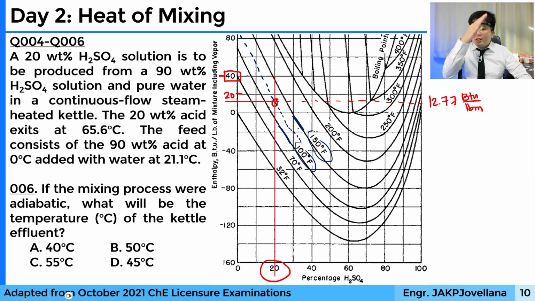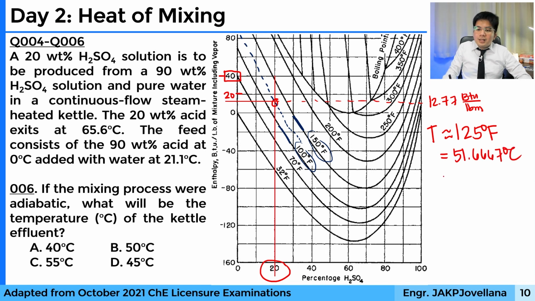Since it is somehow in between 100 and 150 degrees, then we can approximate the temperature as around 125 degrees Fahrenheit. And if we convert 125 degrees Fahrenheit, this is approximately 51.6667 degrees Celsius, or this is nearest to 50 degrees Celsius. So from the choices, the correct answer is letter B, 50 degrees Celsius.